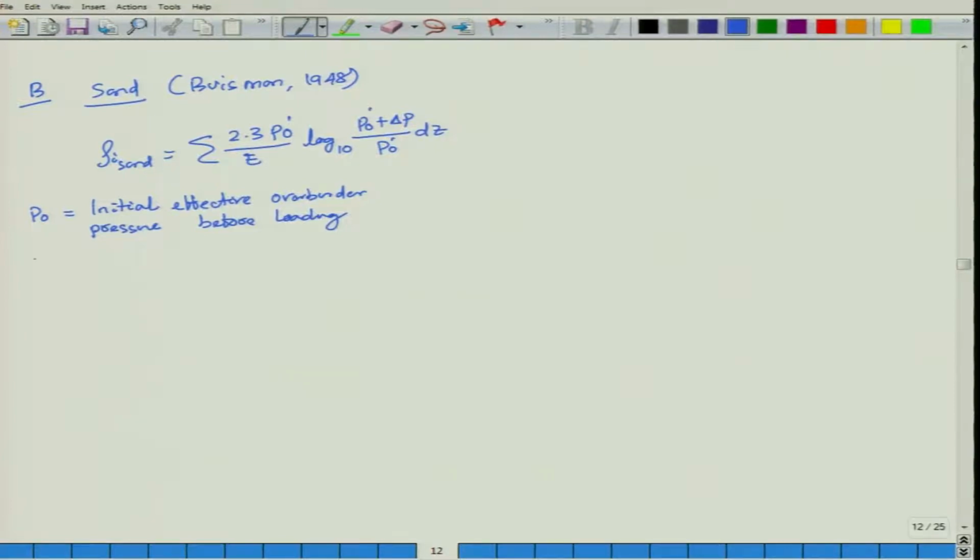Then delta P is the increase in vertical stress at the center of the layer due to foundation loading.